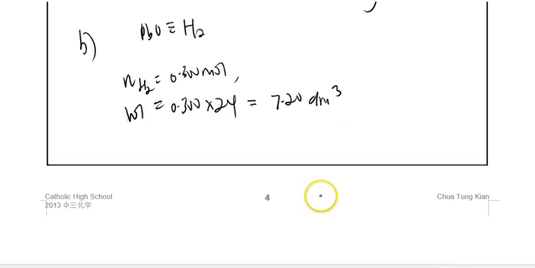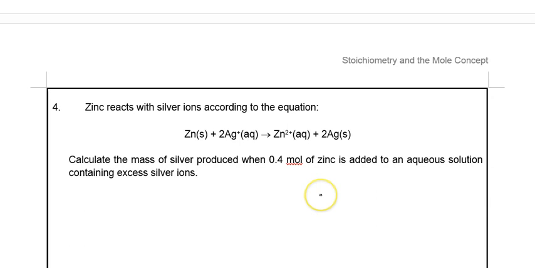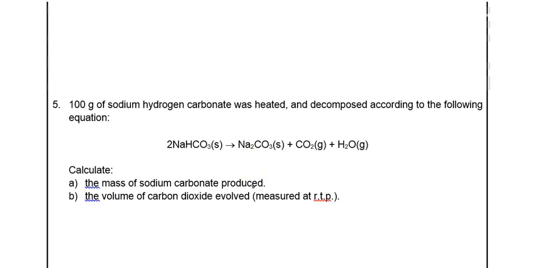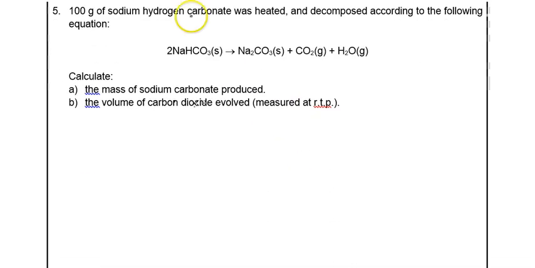So do likewise for the rest of the questions. For question number 4, you should have 86.4 grams of silver. For question number 5, you should have 63.1 grams here and 14.3 dm cube here.